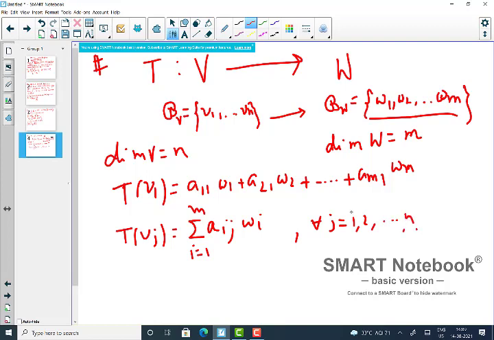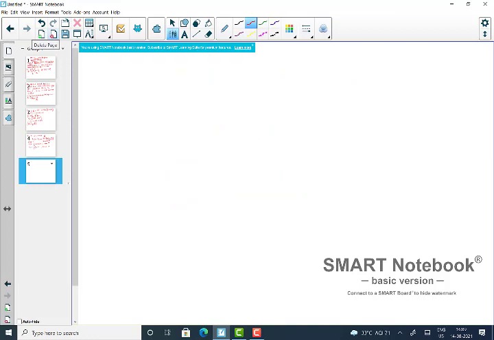For each vector of the basis of V, you take the image and write it as a linear combination of the vectors of W. These coordinate vectors are column vectors, and if you put the column vectors together, you will have a matrix.